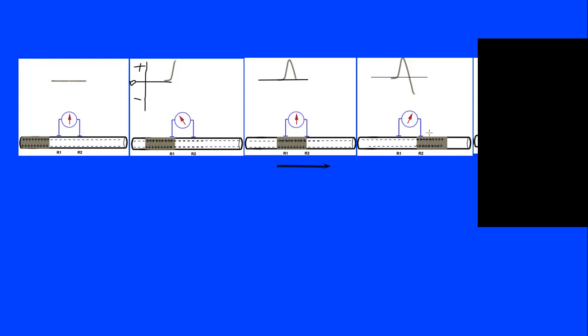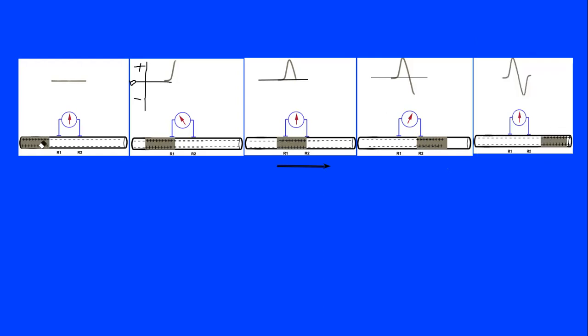Let us see what happens when this one moves to the next block. So you see now the action potential has moved from this part to this part, but my voltmeter is showing me that the two electrodes have no difference in charge. They are back to resting membrane potential. So can you see the shape of the graph?